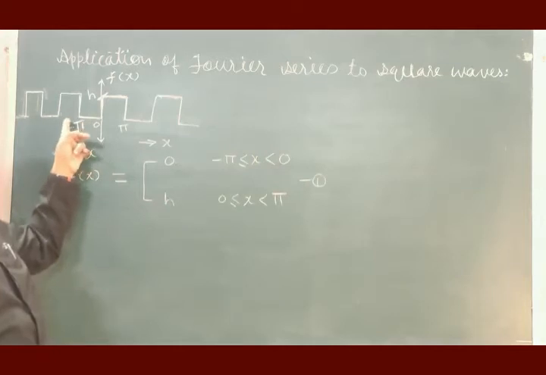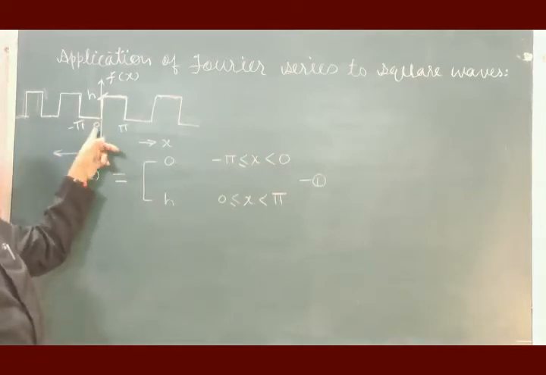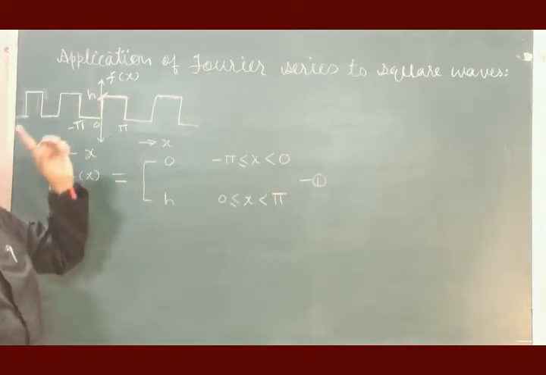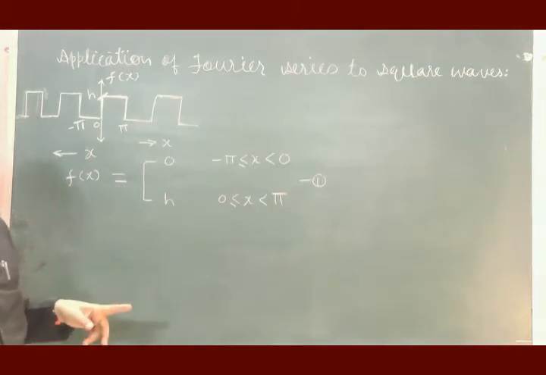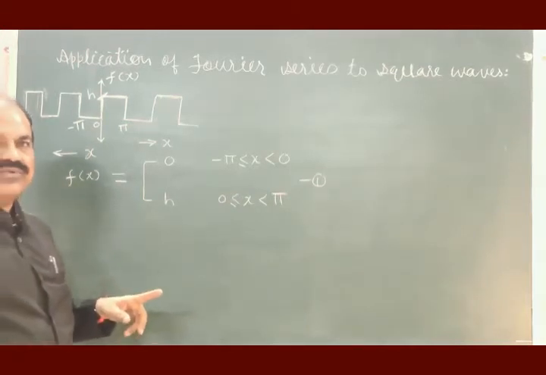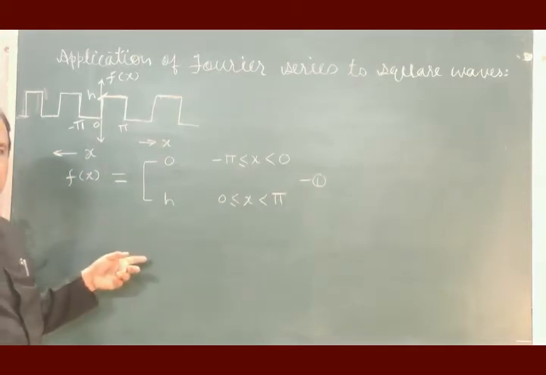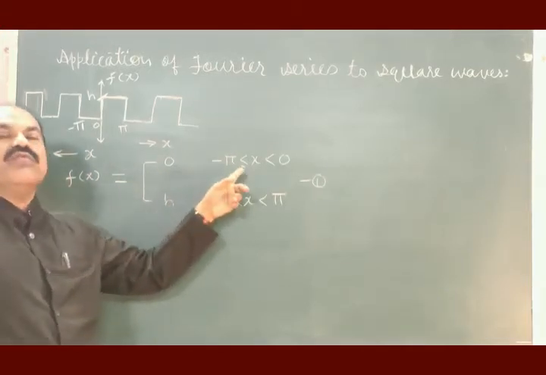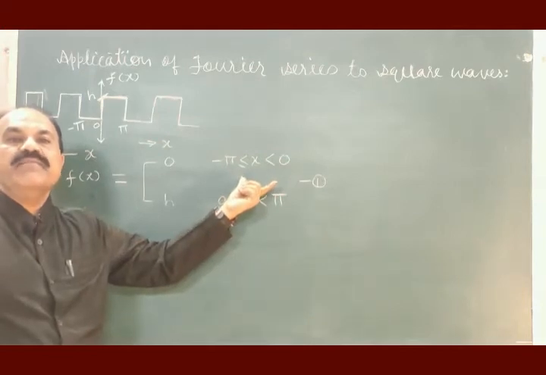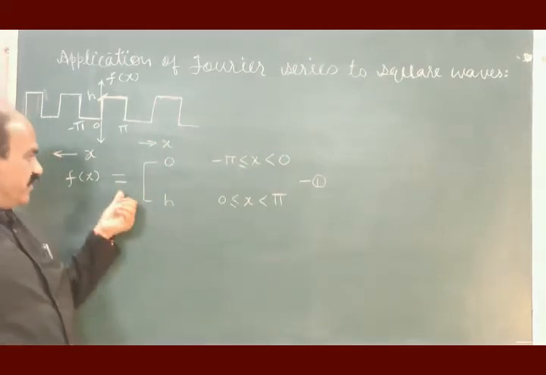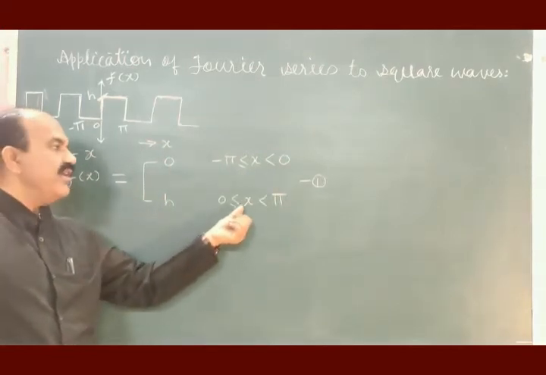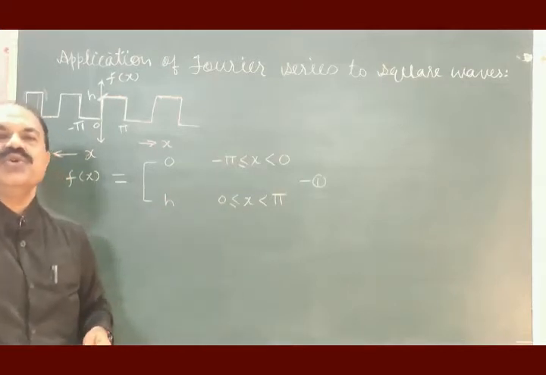From minus pi to 0, value is 0. From 0 to pi, value is h. And therefore, the square wave is written as function f of x, which is equal to 0 for x between minus pi to 0, which is equal to h for x between 0 and pi.